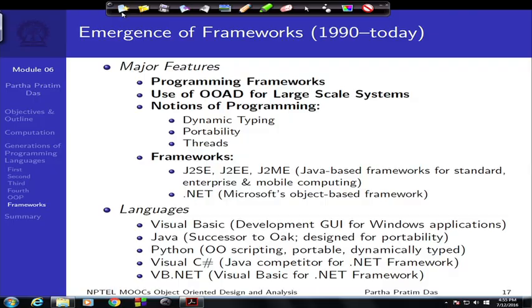Emergence of the internet happened. So, portability became a major issue, because it became important that you deliver software across different systems.